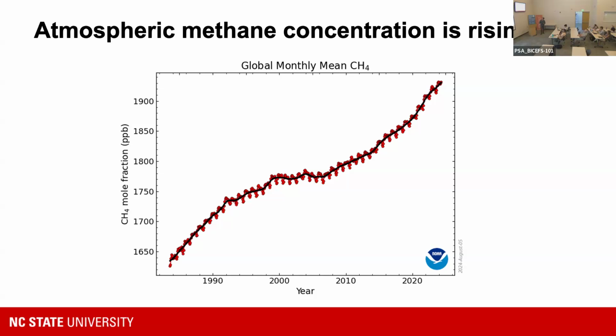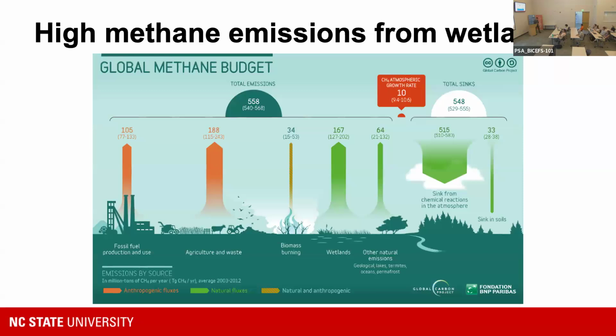Now we have methane that is above 1900 parts per billion and continues to increase, right? So this is warming the planet. And we know a lot of this has been due to anthropogenic activity, fossil fuel extraction, land use change. But we also know that a lot of it is just natural processes. And we know that, particularly, wetlands produce a lot of methane.